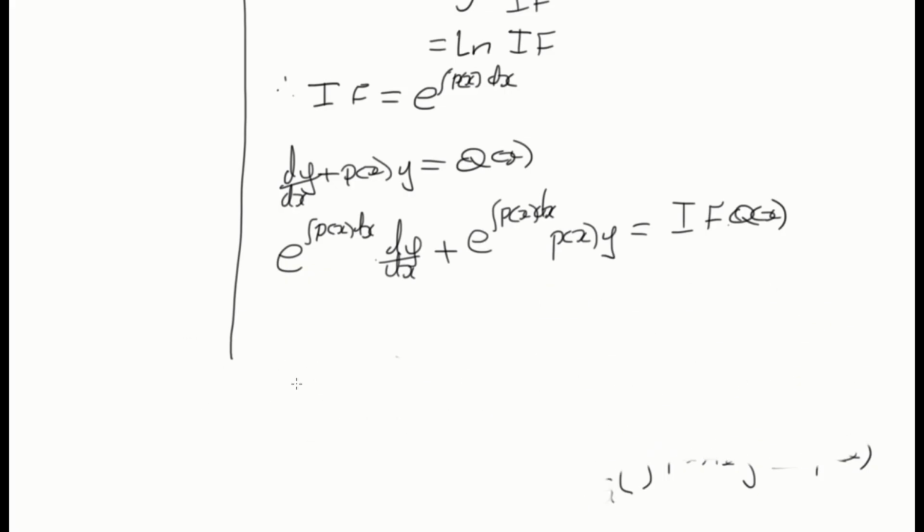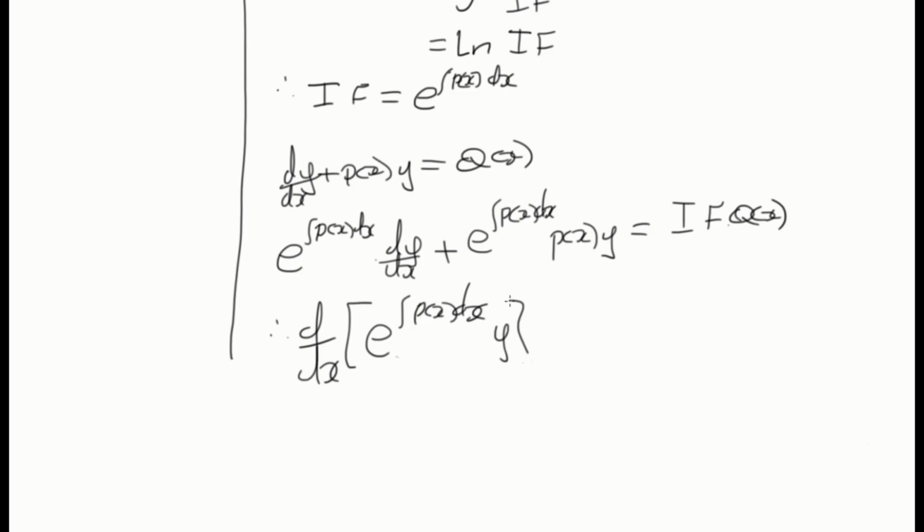So realizing that we have a product on the left hand side, it therefore means we can put the two terms together as e raised to the integral of p of x dx times y. This is simply in reverse of what we were doing to get to this exponent.